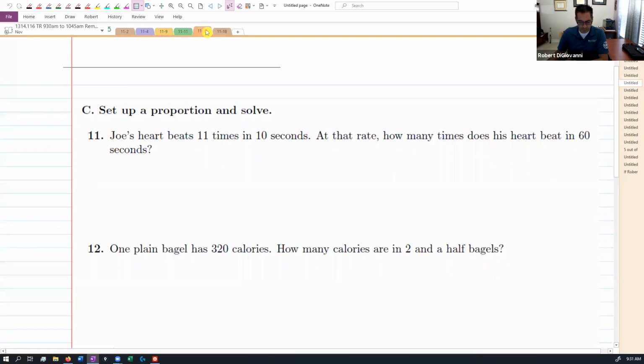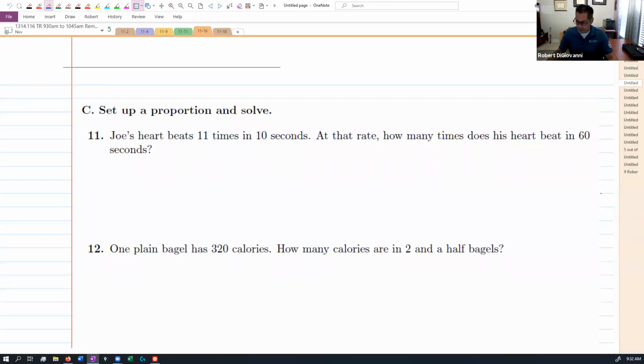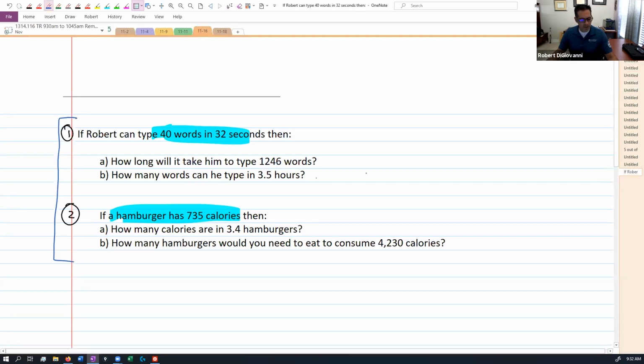So let's get down to business. The main idea here from last time is that if you're given a relationship between two things, like the problem that I gave you for homework, right? If you're given some relationship, like Robert can type 40 words in 32 seconds, the important aspect here is that you can turn that into one of two things.